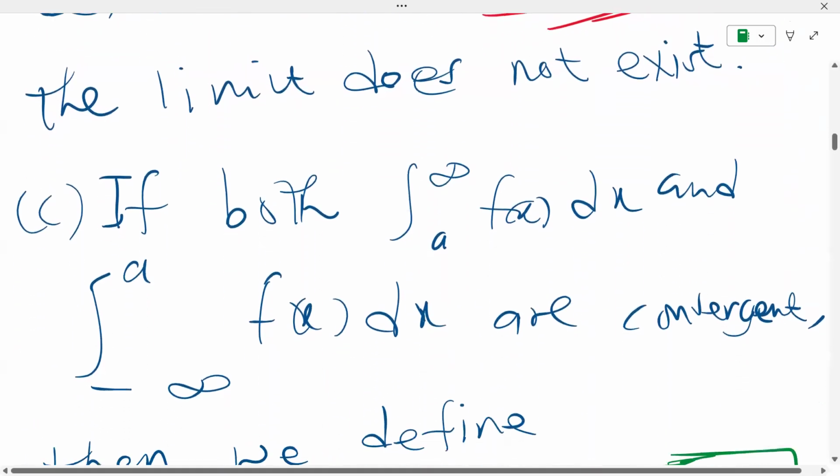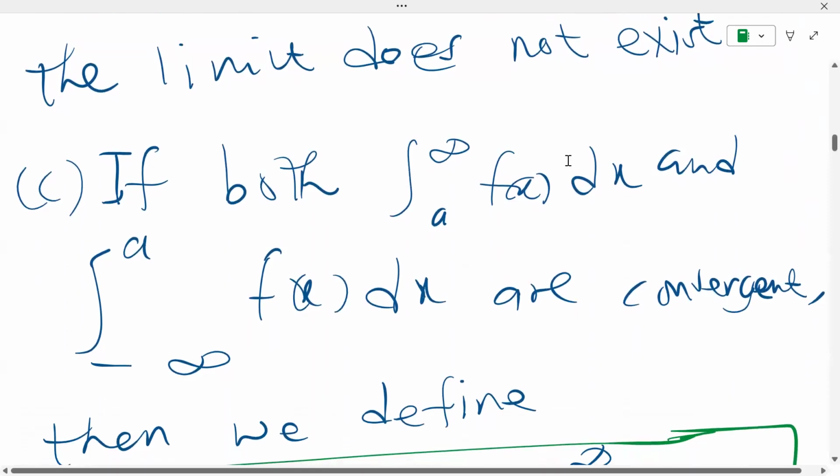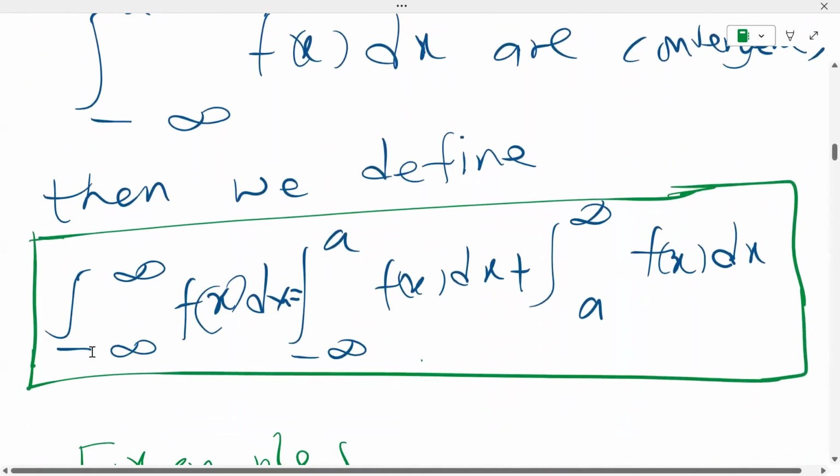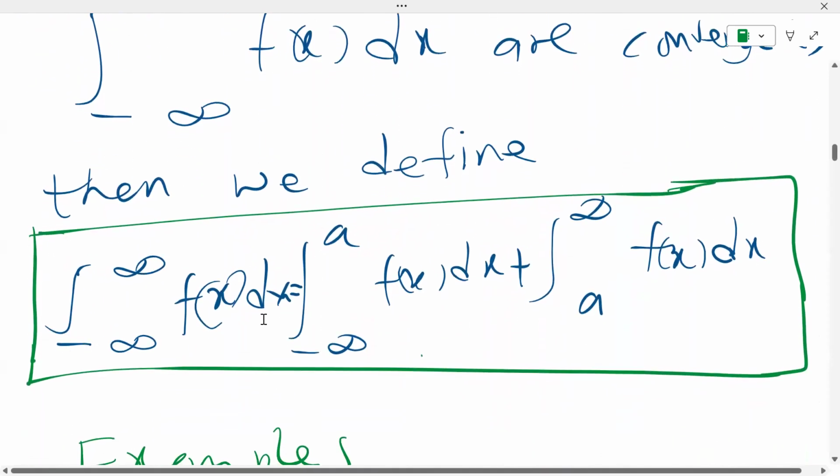Now, if we look at this expression and that expression, and they are both convergent, then we define the integral running from negative infinity to infinity of f of x dx to be equal to the integral running from negative infinity to a of f of x dx plus the integral running from a to infinity of f of x dx.